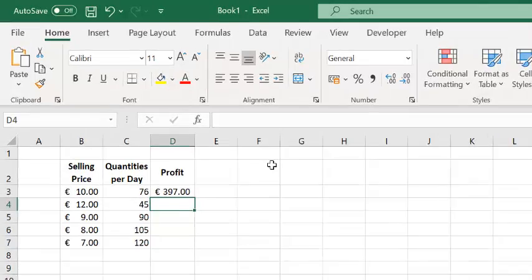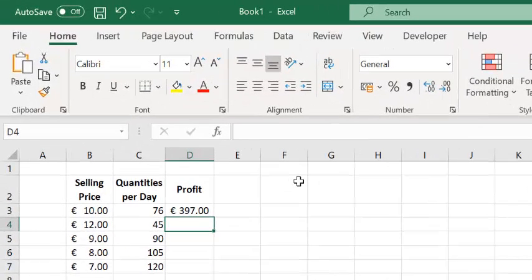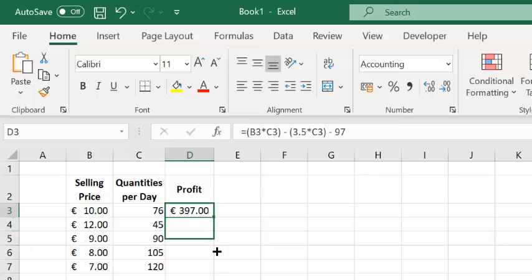So now we have obtained the profit made when selling this particular item at 10 euros. If I replicate, I will get the profit made when selling the item at other prices.